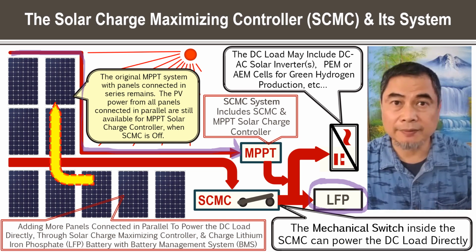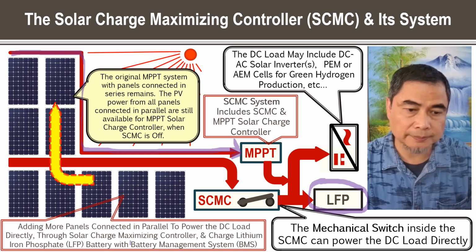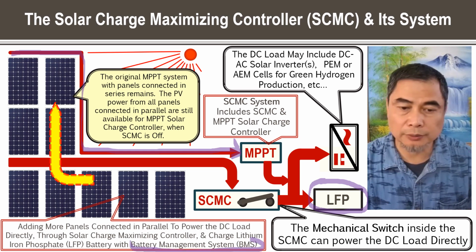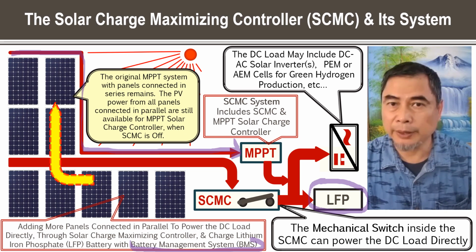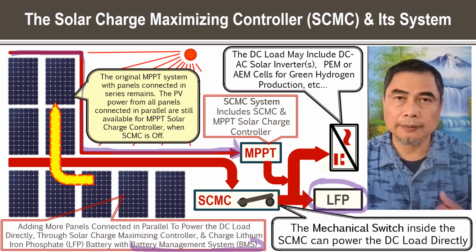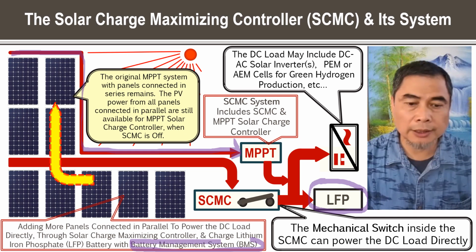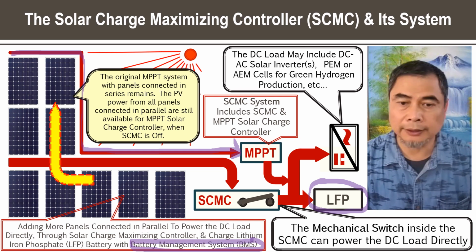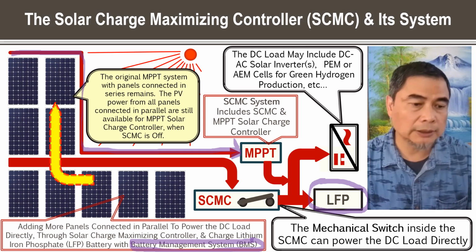We need the battery to have its own battery management system. Currently, we cannot use lead acid based batteries because they have no battery management system, and we need the battery to have its own voltage limit control and current limit control.